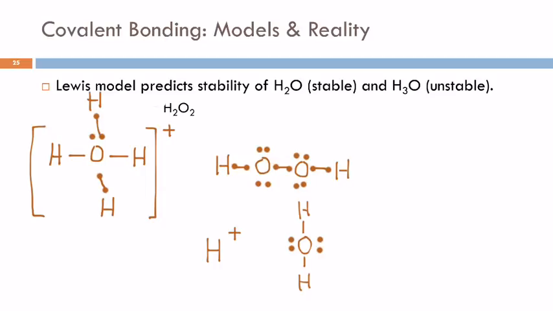No. What if we made it a 2+ charge? Lewis model says that might be okay. Now, have you ever heard of H4O2+? Me neither. That's not stable. The Lewis model is not perfect. It doesn't predict everything.